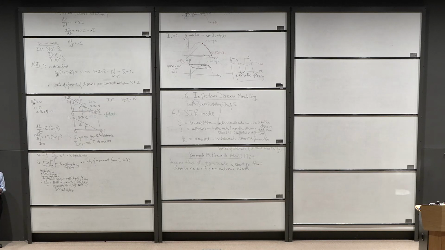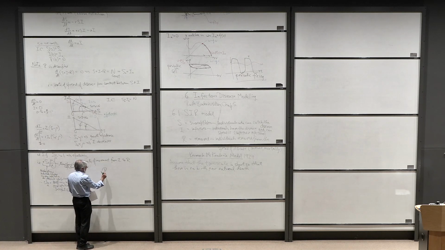And now this makes sense, because if the number of new infectives that one person creates is bigger than 1, the disease will spread. If it's less than 1, it means you're producing something that's less than what you've got, then the disease will die out. Does that make sense? Okay. And this number is called R0, R naught.